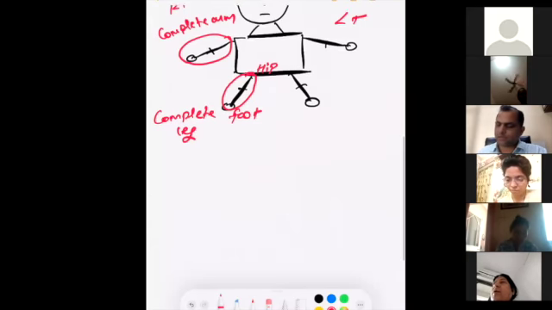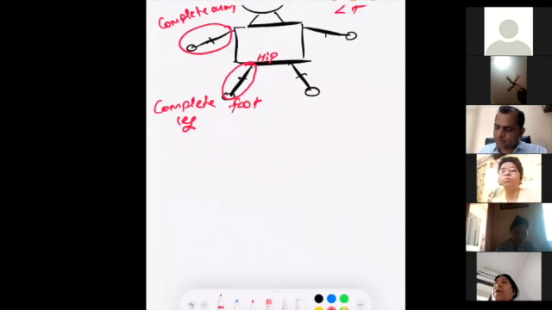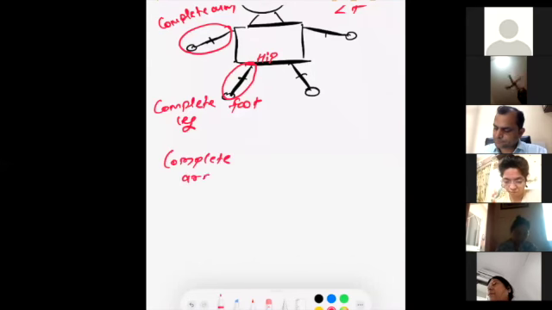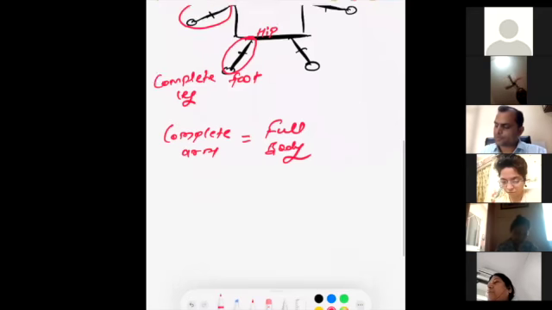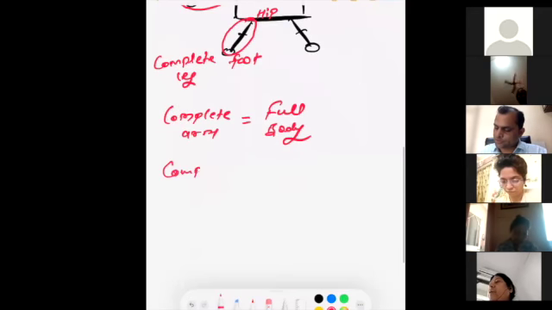And we are doing the imagination. So as per the bigger imagination, a complete arm is equal to full body, or a complete leg is equal to full body.